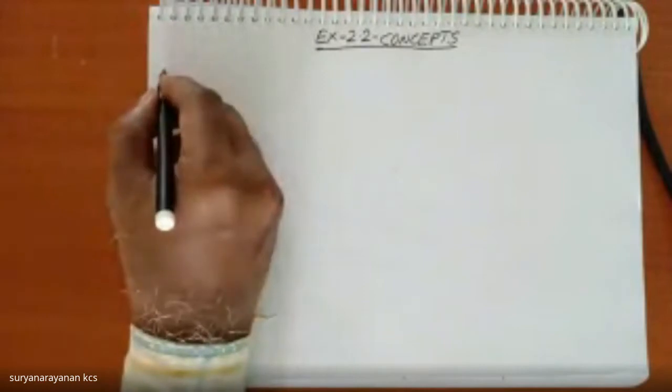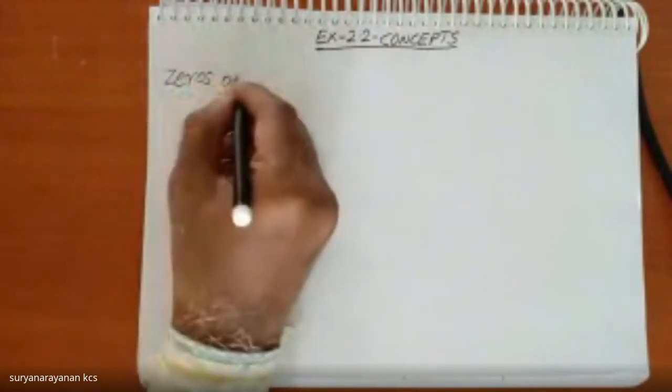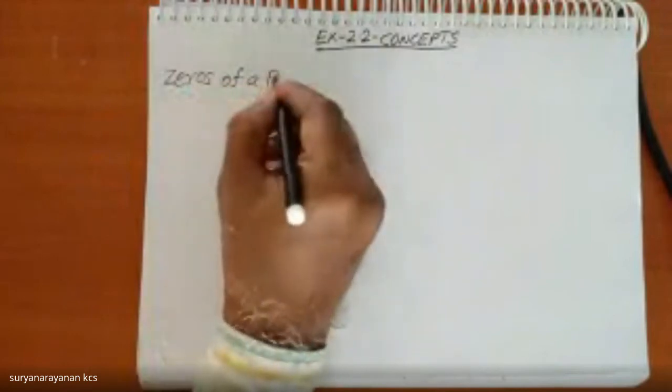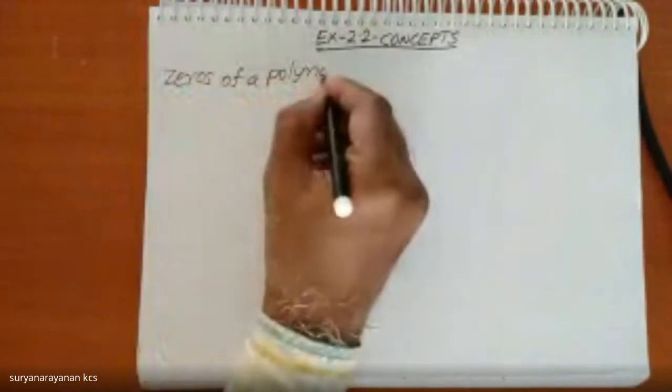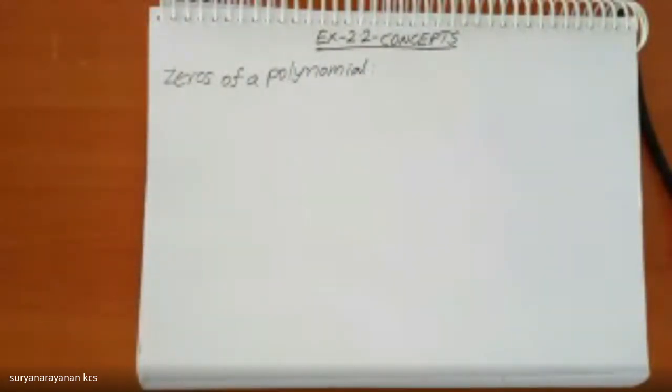What is meant by zeros of a polynomial and how to find zeros of a polynomial?